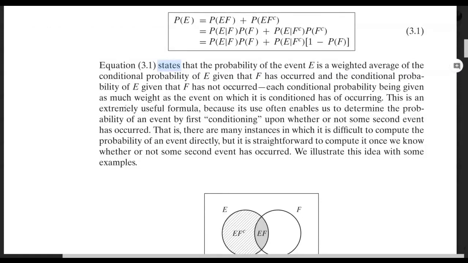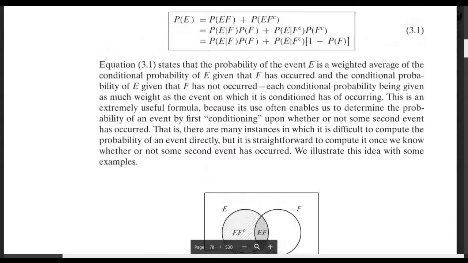This is an extremely useful formula because it often enables us to determine the probability of an event by first conditioning upon whether or not some second event has occurred. That is, there are many instances in which it is difficult to compute the probability of an event directly, but it's straightforward to compute it once we know whether or not some second event has occurred. So we can illustrate it with this Venn diagram.